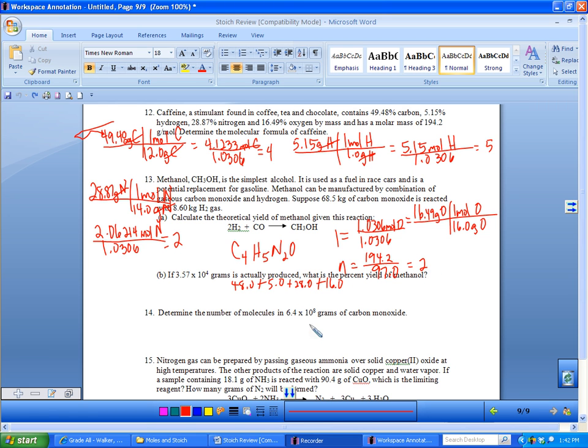So my multiplier is 2, so my molecular formula is twice as great as my empirical. So all of my subscripts get multiplied by 2. So I now have C8H10N4O2.